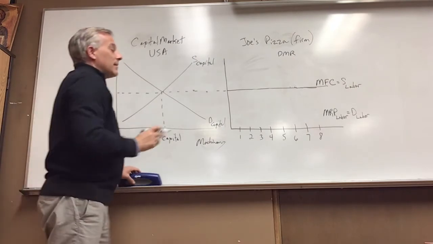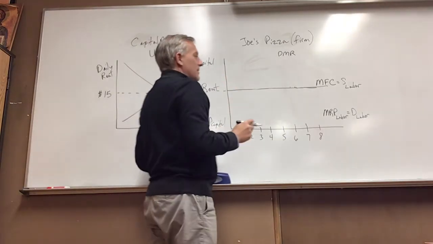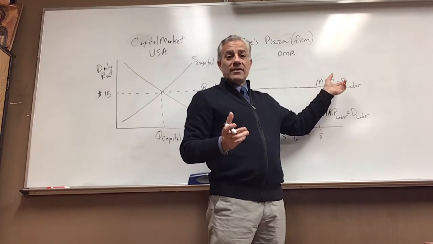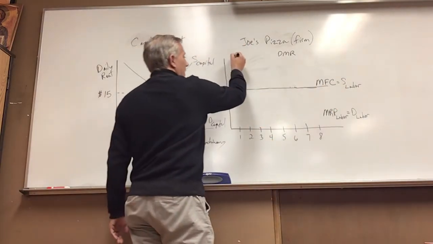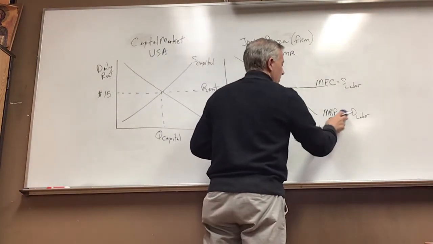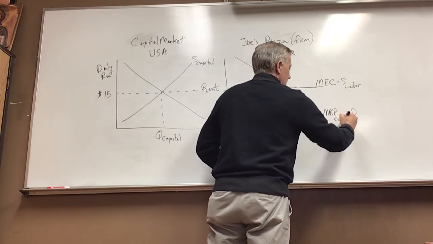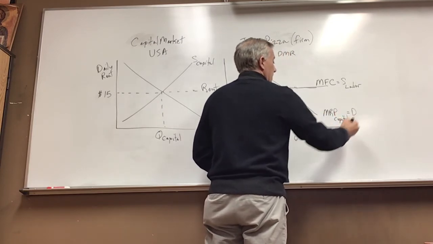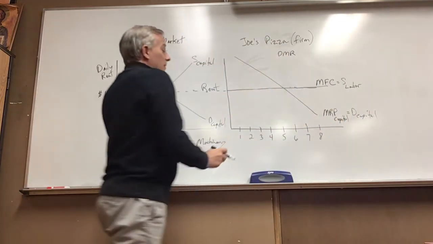All right? This stays marginal factor cost because a factor could be an employee or it could be a piece of machinery. And then guess what? I have my marginal revenue product of capital, okay? And the demand for capital for the firm is this diagonal line.